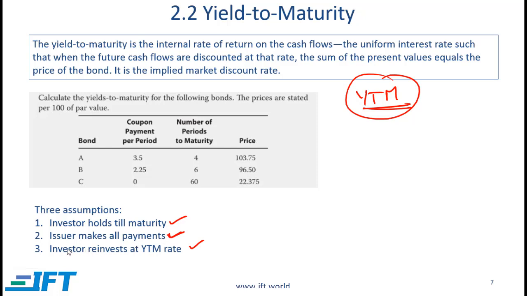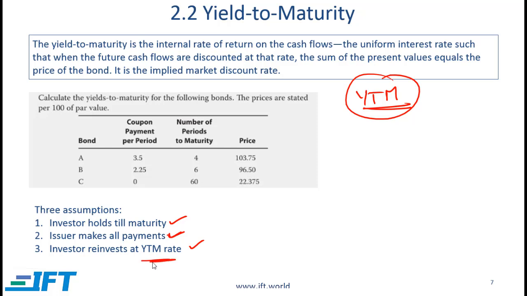The second assumption is that the issuer makes all payments, coupon payments and the final par value payment in full and on time. And finally, we assume that the investor reinvests the coupon payments at the YTM rate.